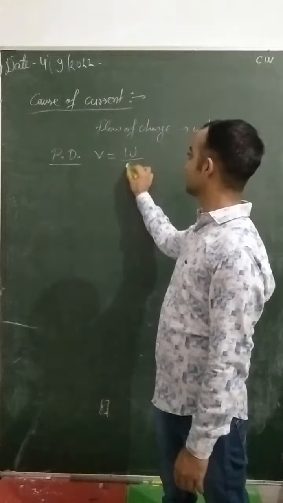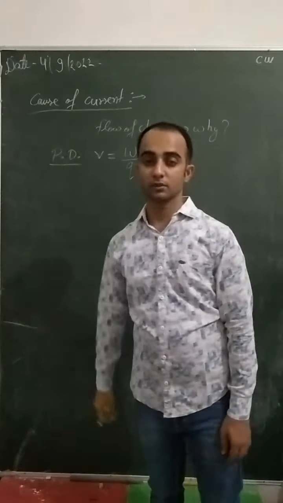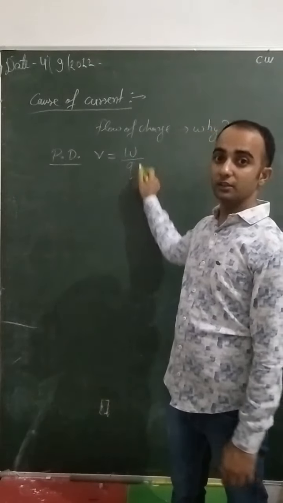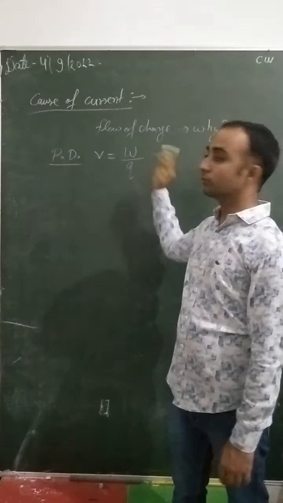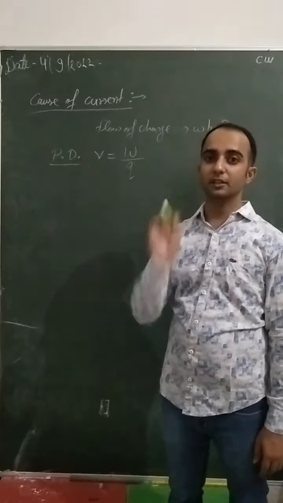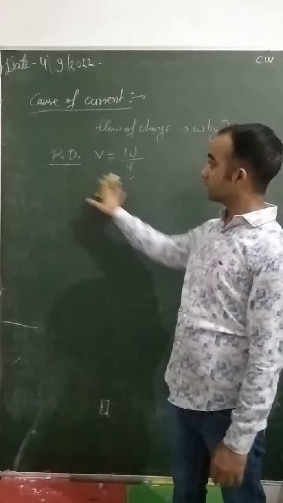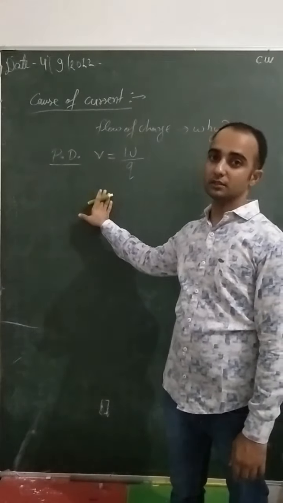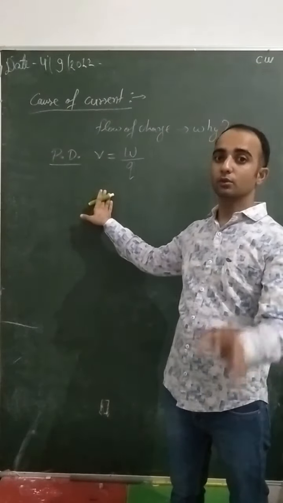Potential difference is the work upon charge ratio. It is the amount of work done required to bring a unit positive charge from one end to the other end of a conductor. So that work done we call potential difference, and this potential difference is responsible for the flow of charge.